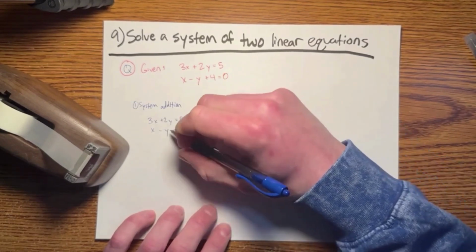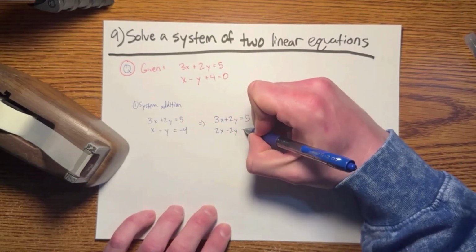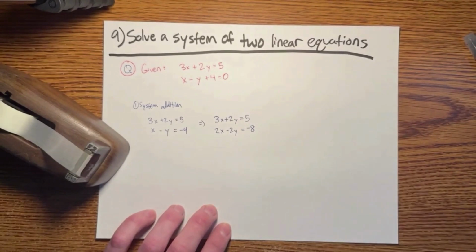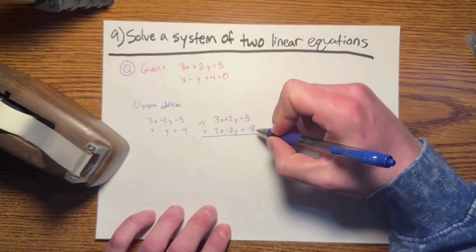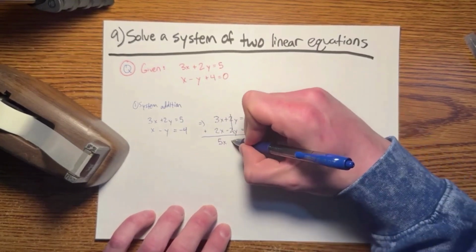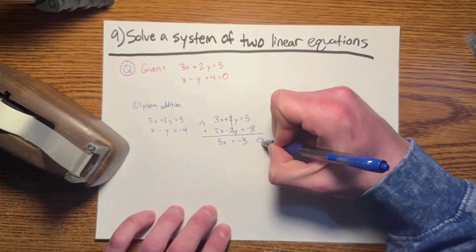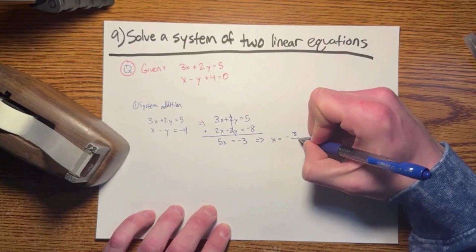And on the bottom, if we multiply everything by 2, we'd have 2x minus 2y equals negative 8. Now we'll simply add the 2 equations together, so we'd have 5x, these cancel out, and that will equal, we add those together, negative 3. We end up with a final answer of x equals negative 3/5.